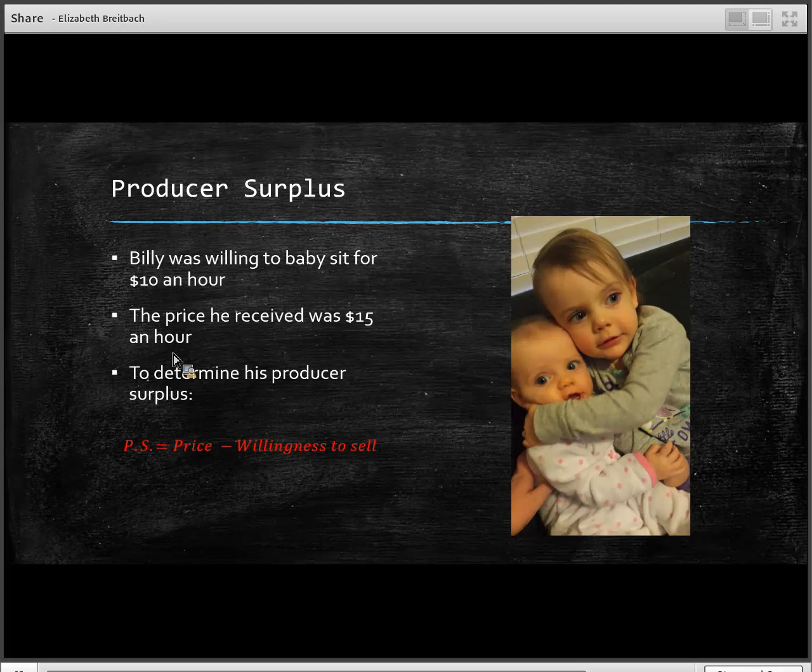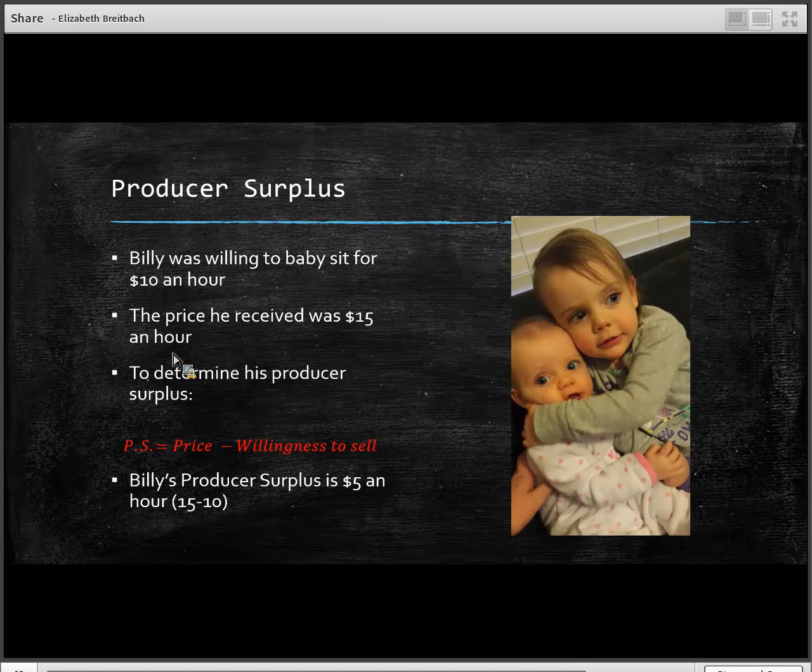So to determine his producer surplus, we're going to take that $15 and subtract out the $10 that he was willing to supply his labor at. And what we see is his producer surplus is $5 an hour. So he's producing this product and receiving extra benefits in terms of $5 for each hour, and that's our producer surplus. And again, this is how you're going to calculate it at the individual level.